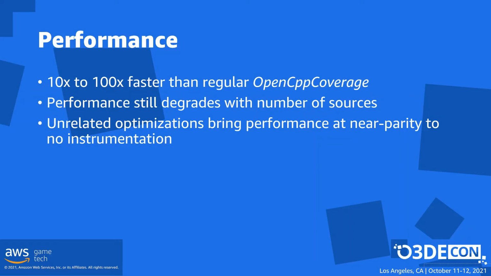The performance of using this modified instrumentation compared to regular OpenCPP coverage is 10 to 100 times faster. However, the performance still degrades with the number of sources, and whilst those figures are far more attractive than regular OpenCPP coverage, we still require some unrelated optimizations to bring the performance to near parity with having no instrumentation.